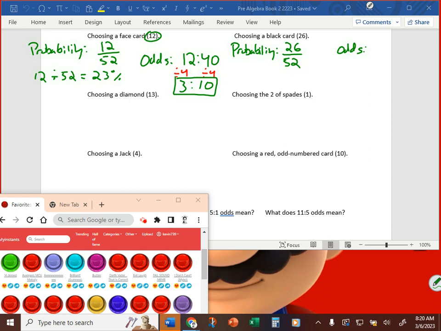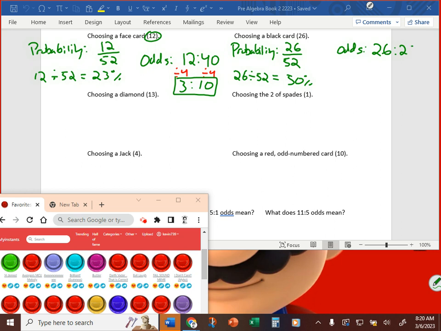As a percentage, we're dividing 26 by 52. What's the percentage? 50%, half, right? What are the odds? How many are black? How many aren't? Successful to unsuccessful. 26 to 26.